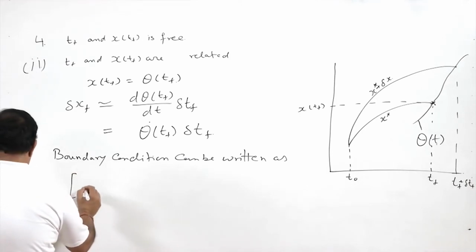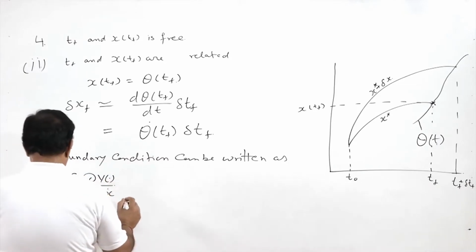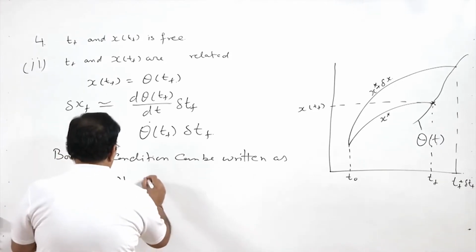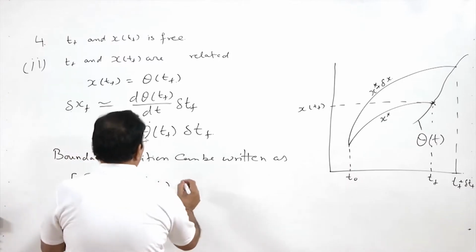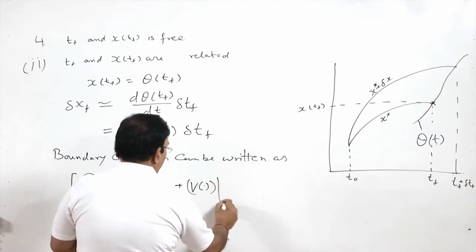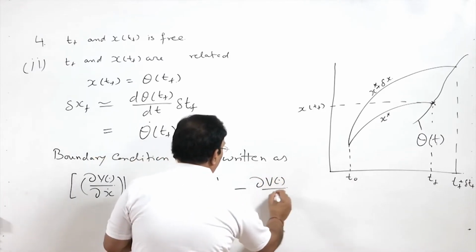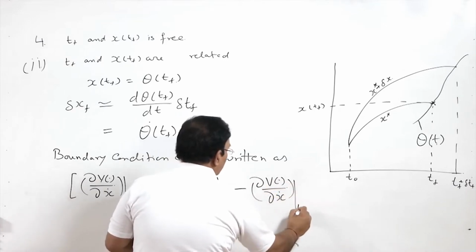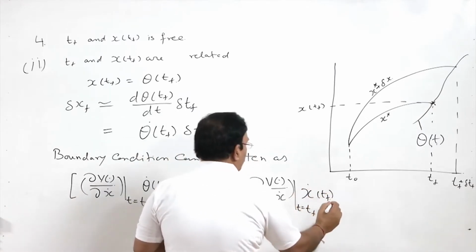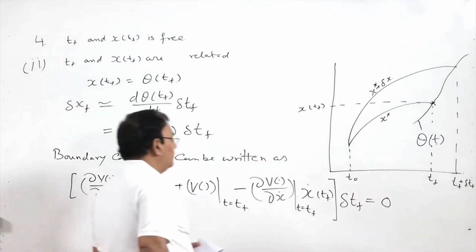My equation will become: del v dot by del x dot, evaluated at t equal to tf point, times theta dot of tf, plus v evaluated at t equal to tf point, minus del v dot by del x dot at t equal to tf point times x dot of tf, and the whole multiplied with delta tf must be equal to 0.